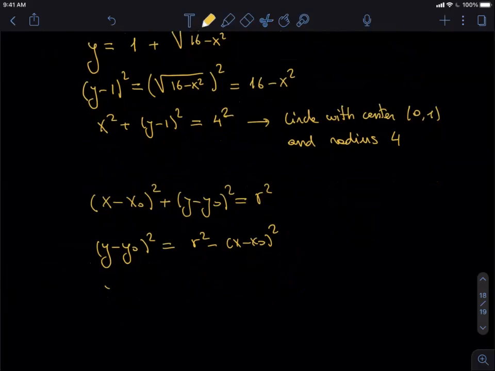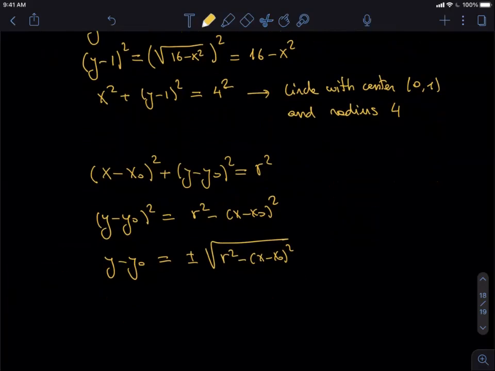And we are going to get two possibilities, the plus and minus square root of r squared minus (x minus x0) squared, plus y0.